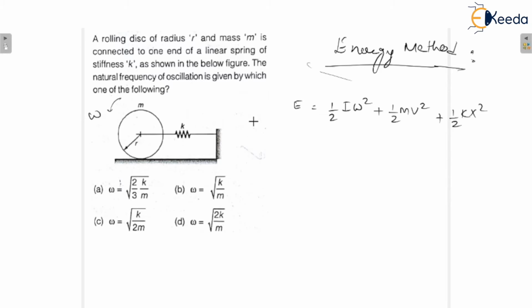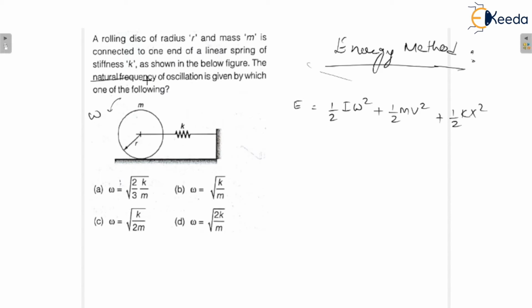Now see here, what is the energy method? Energy method means in general, in natural vibration, because natural frequency is going to be found in natural vibration, and a damper is not given in the question. So basically it is a question of natural vibrations. In natural vibration, we generally don't consider kinetic friction. Are you getting my point?